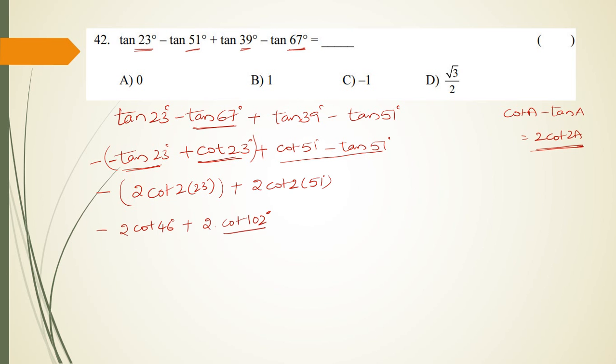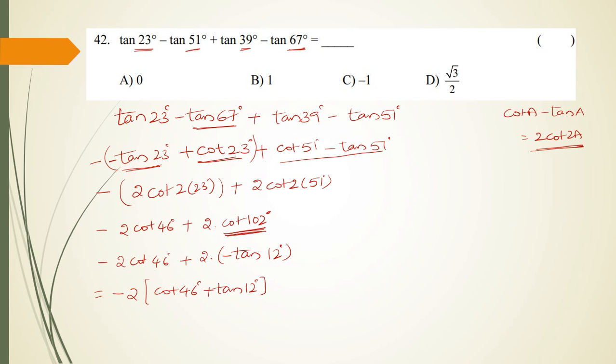Again, cot 102 I can write as minus tan 12 degrees, because cot 102 is cot of 90 plus 12, which is nothing but minus tan 12 degrees. So overall I can take minus 2 as common, which gives me cot 46 degrees plus tan 12 degrees.